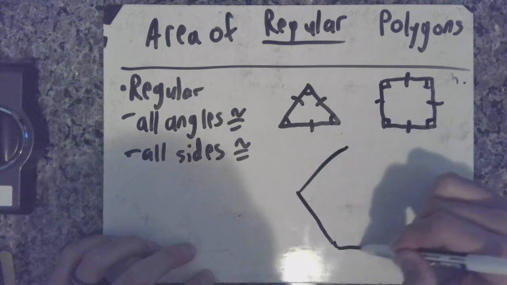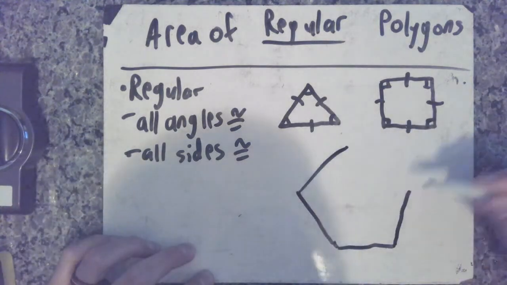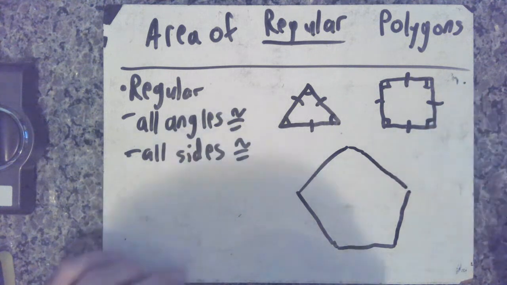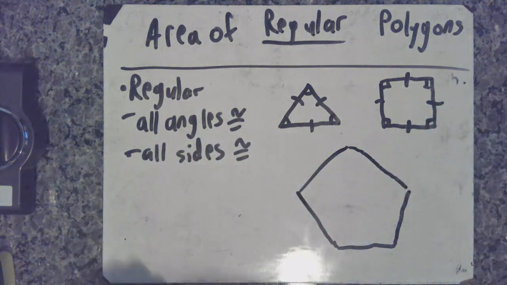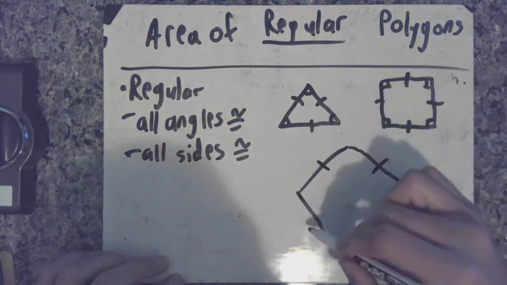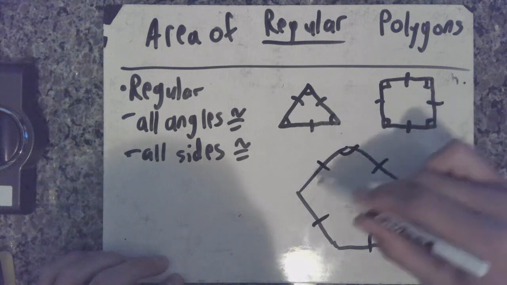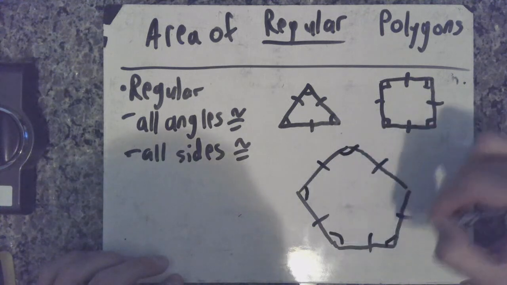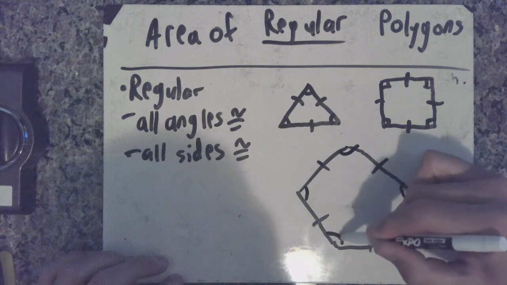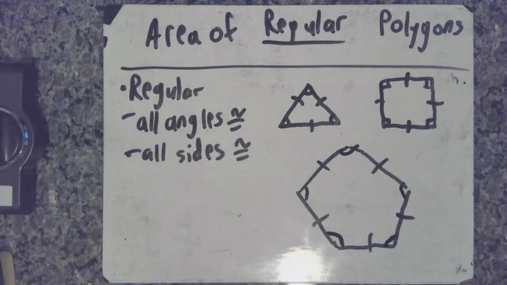Now, it's not going to be perfect, but a regular hexagon looks something like that. Again, all the same sides and all the same angles. So that's what regular shapes are. They look like that, and that's what we're trying to find the area of.